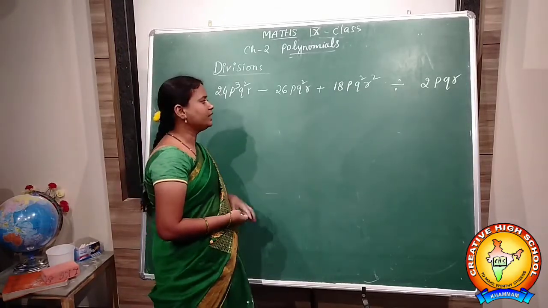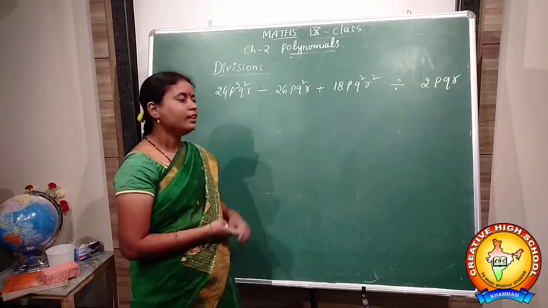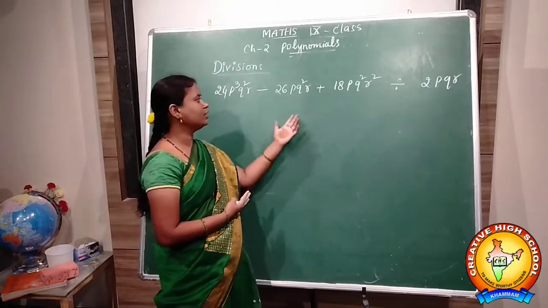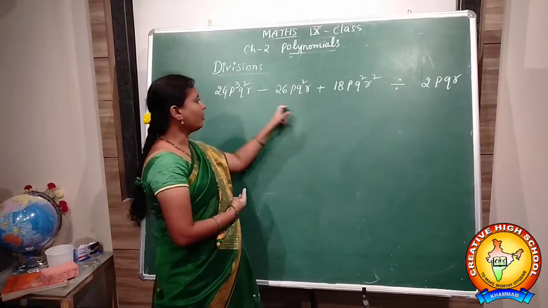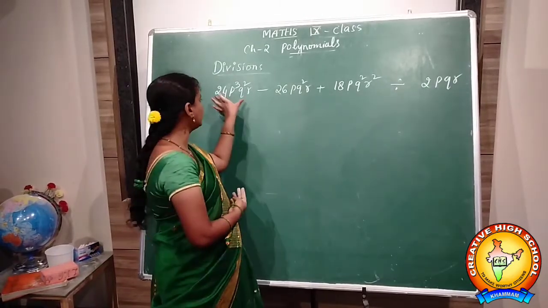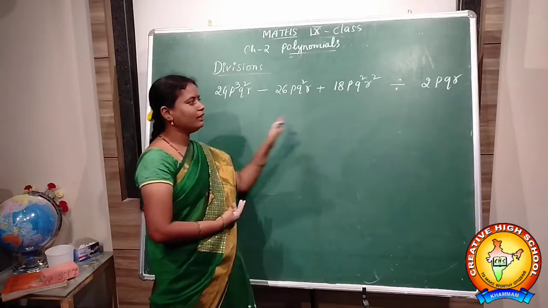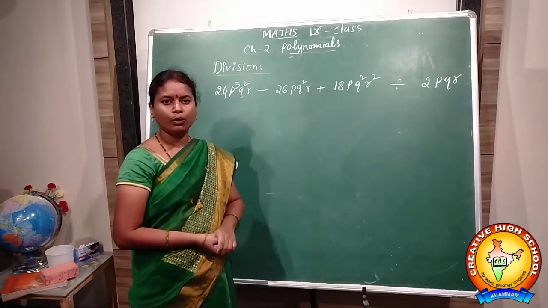So it is very easy to divide with a monomial. We have to divide separately. First take the first term, second term and third term. This is a trinomial because here 3 terms are there. 1, 2, 3. So this trinomial we are going to divide with a monomial.